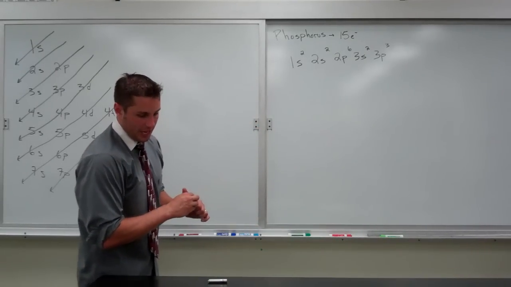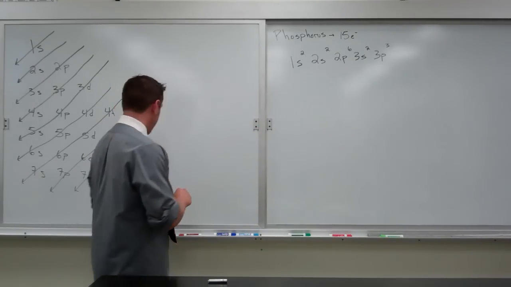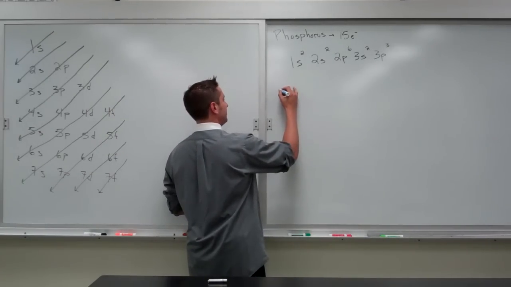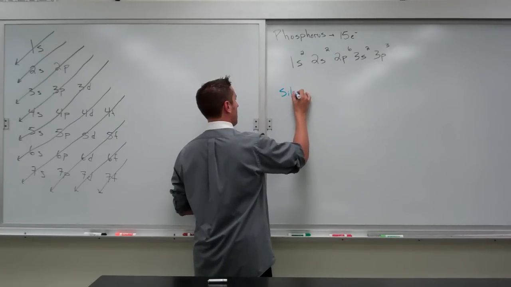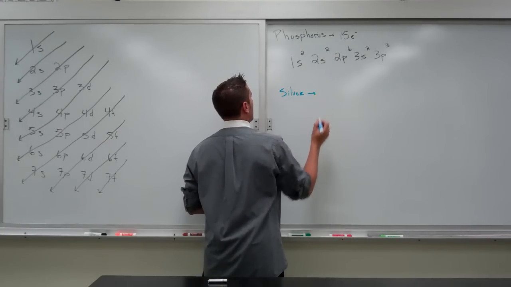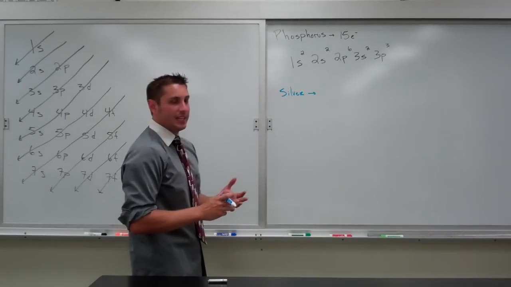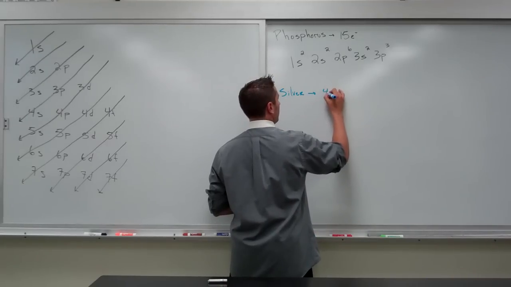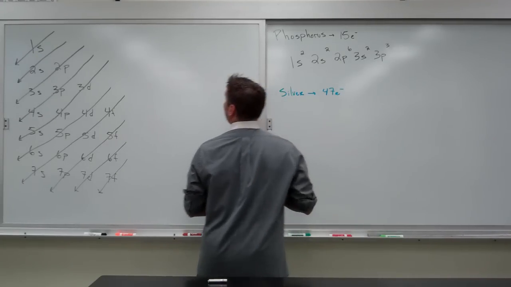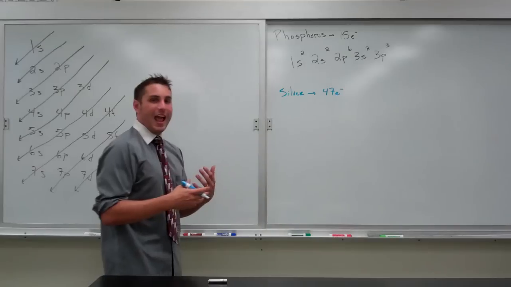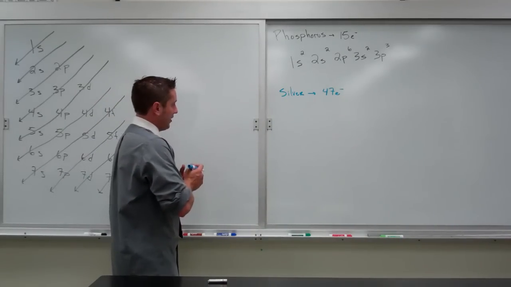Taking a look at another example, let's look at something like silver. Silver's symbol is Ag. Ag contains 47 electrons. So we need to write addresses for 47 different electrons.